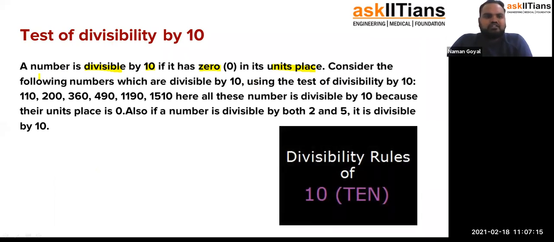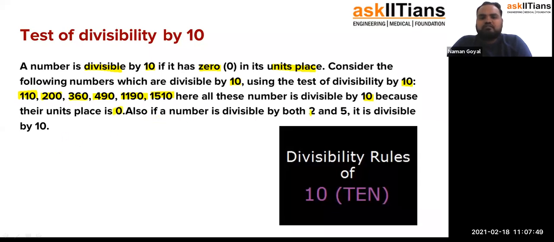Consider the following numbers which are divisible by 10 using the test of divisibility by 10. 110 contains 0 at the unit place, so yes, 110 is divisible by 10. 200 contains unit digit as 0, so yes, it is divisible by 10. 360 is divisible by 10, 490 is divisible by 10, 1190 is divisible by 10, and 1150 is also divisible by 10. So all these numbers are divisible by 10 because their unit place is 0.